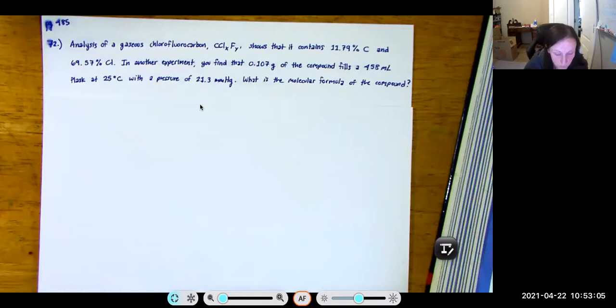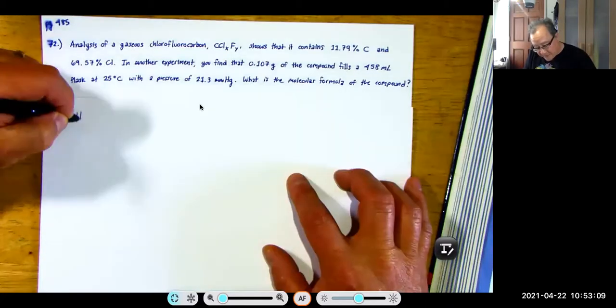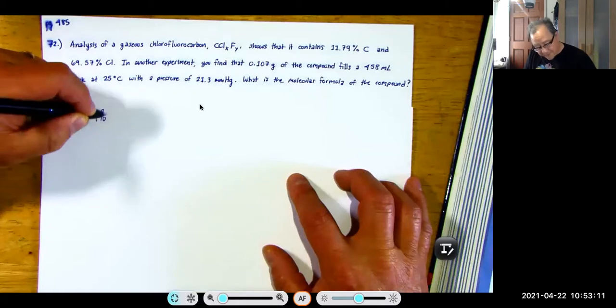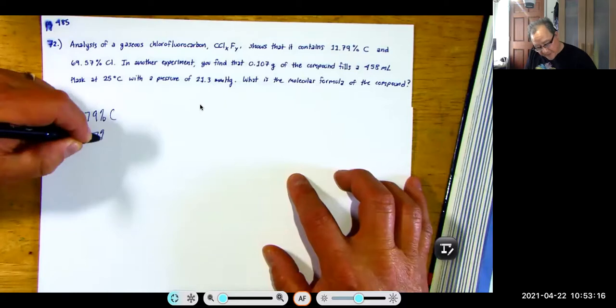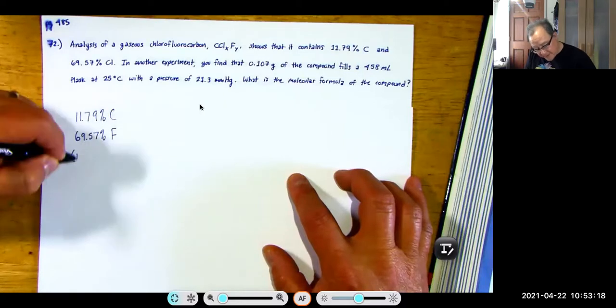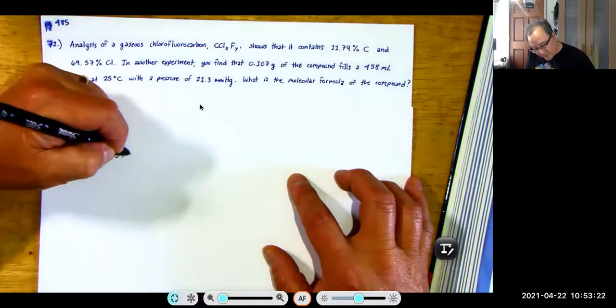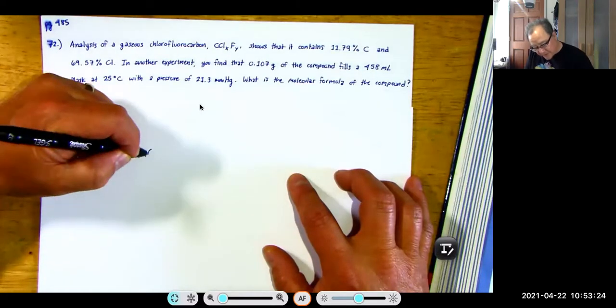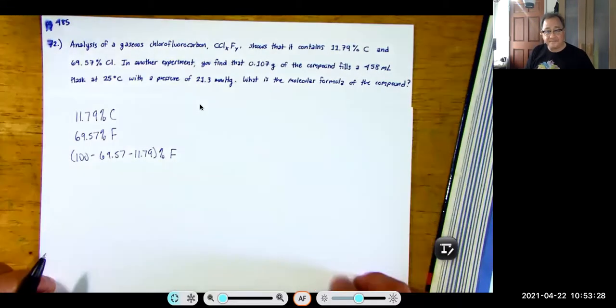It's fluorine. Okay. So we have 11.79% carbon, 69.57% chlorine, and 100 minus 69.57 minus 11.79% fluorine. Fair enough? Right.